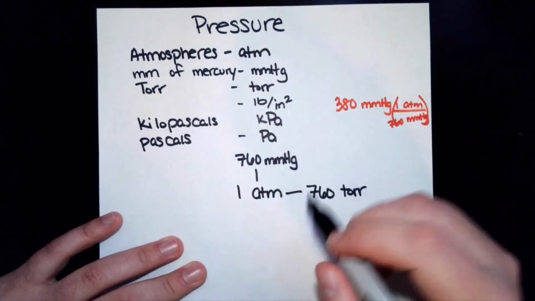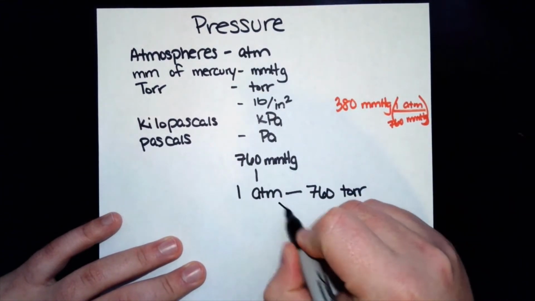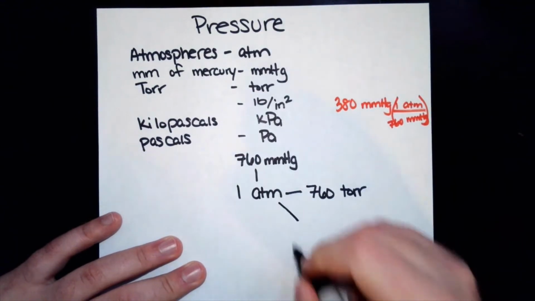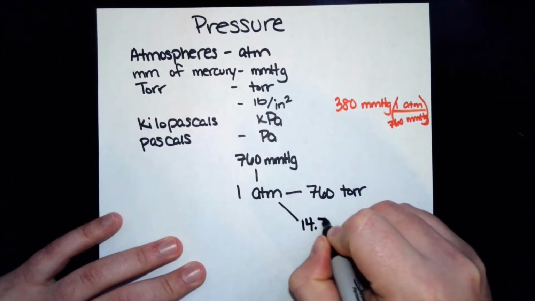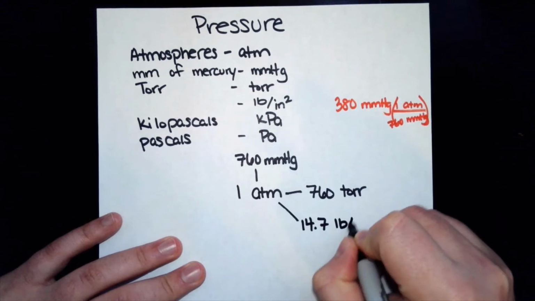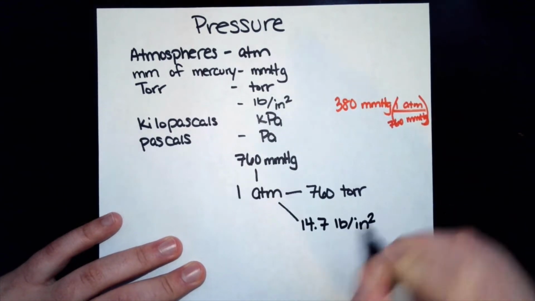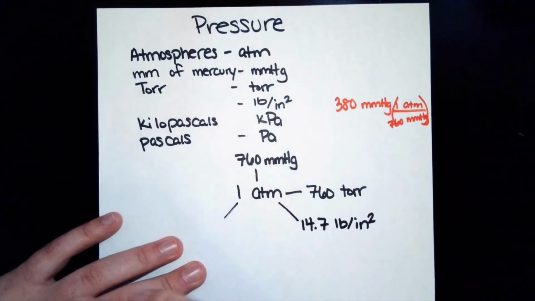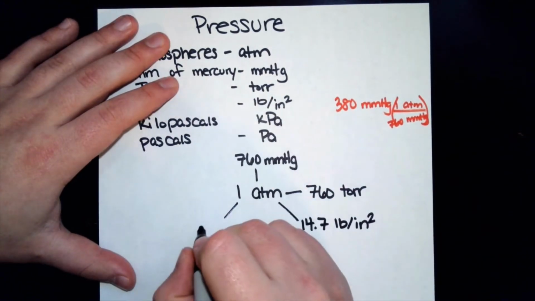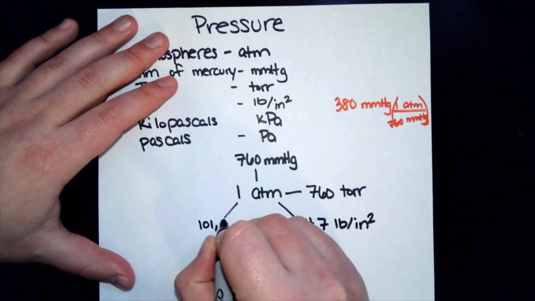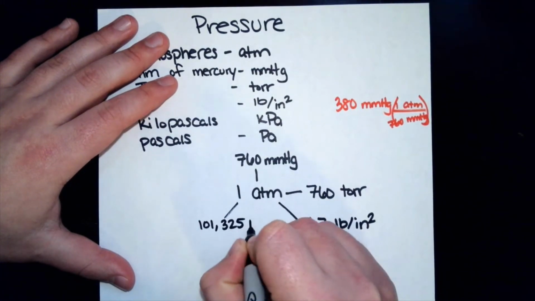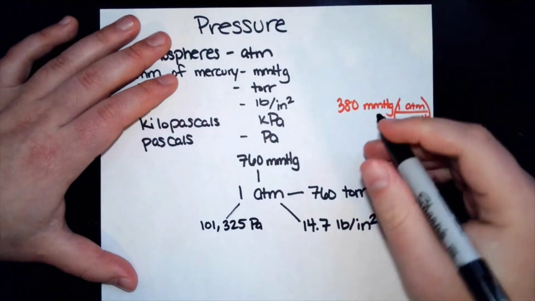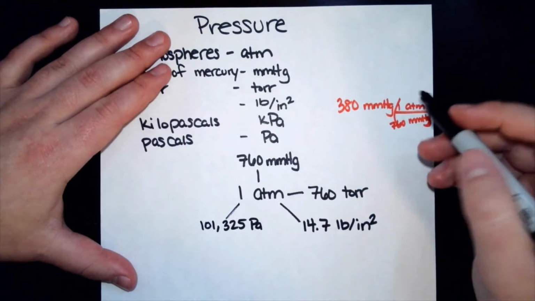So the next one is going to be pounds per square inch. So 1 atmosphere is going to be equal to 14.7 pounds per square inch. I'm going to go pascals first here. So 1 atmosphere is equal to 101,325 pascals. And as you can see, that's kind of a large number.